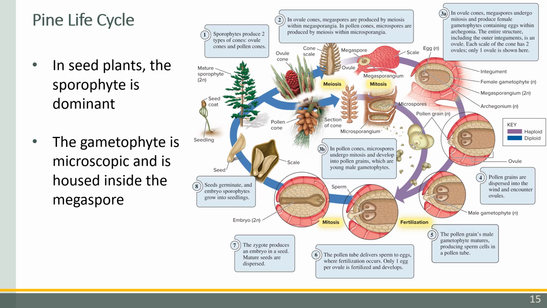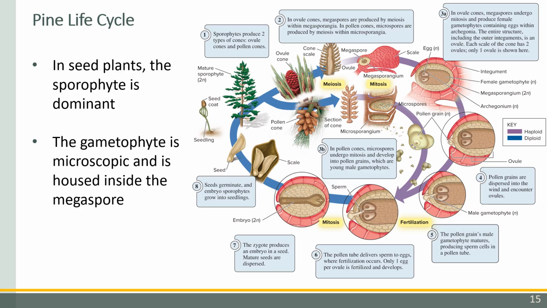And inside that spore is going to be the gametophyte. So again, this is a little bit different. In our moss, the spore grew into the gametophyte, but in our seed plants, the gametophyte is contained within the megaspore. So if we look over here, we've got our egg inside that megaspore structure.